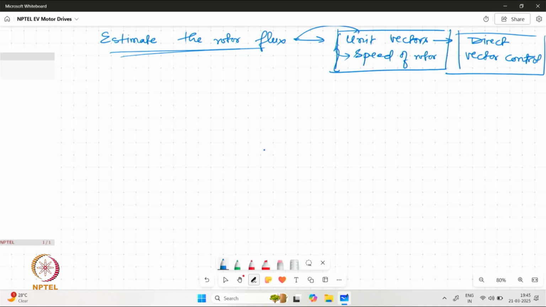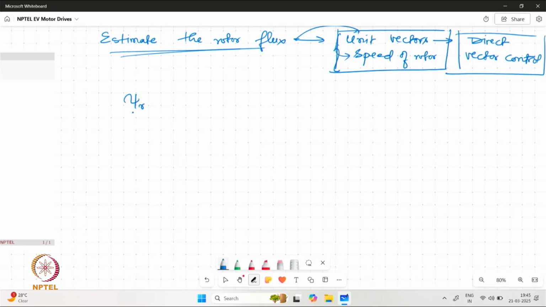Now once again we need to look at the equations which we have defined in the beginning of this derivation. We have defined rotor flux as the magnetizing flux plus the leakage on the rotor side.